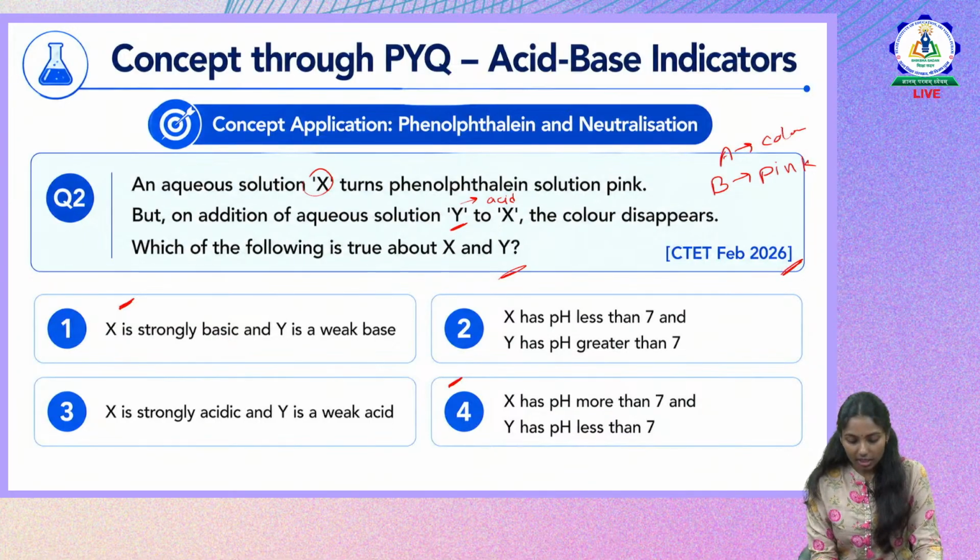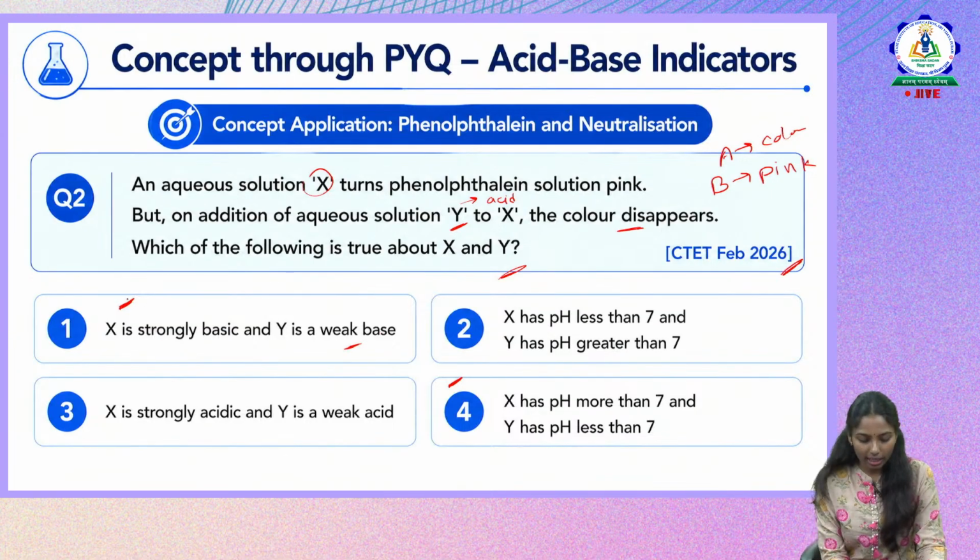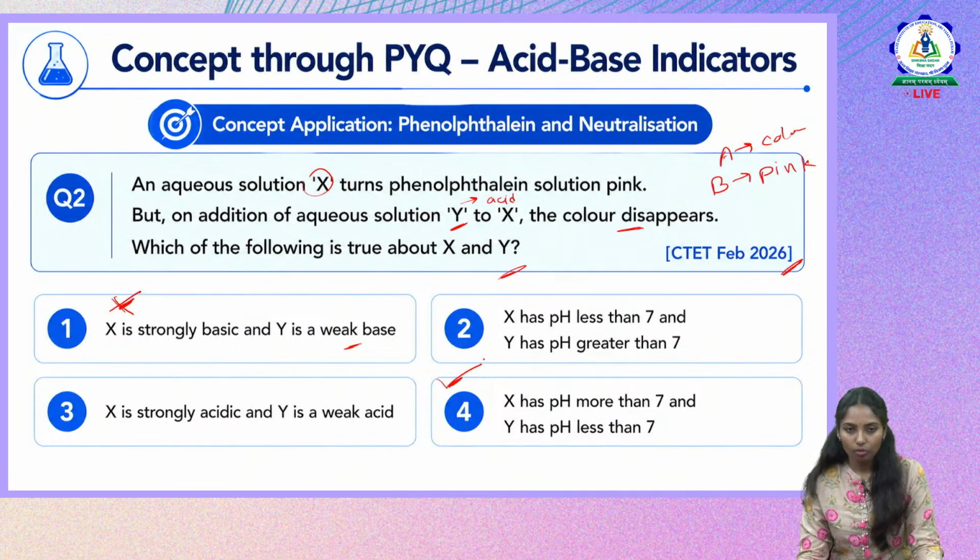So next let us see about Y. In this question they told that when Y was added to X, the solution became colorless, means Y should be a very strong acid. So in the first option that we have finalized from all the 4, they have given Y is a weak base. So we can eliminate this option also. So we can straight away go to answer 4.